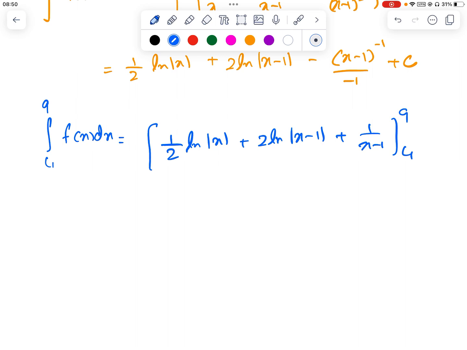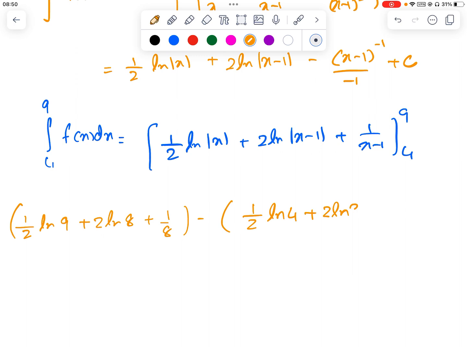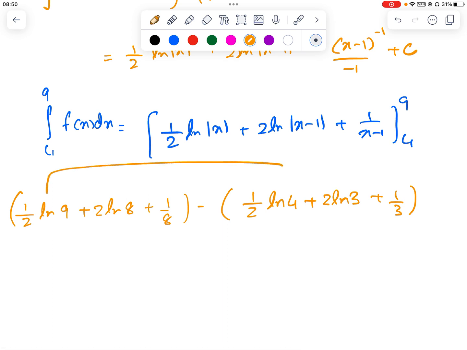Plug in 9: 1 upon 2 ln 9 plus 2 ln 8 plus 1 upon 8, minus 1 upon 2 ln 4 plus 2 ln 3 plus 1 upon 3. So it becomes these two are lns and these two are lns.